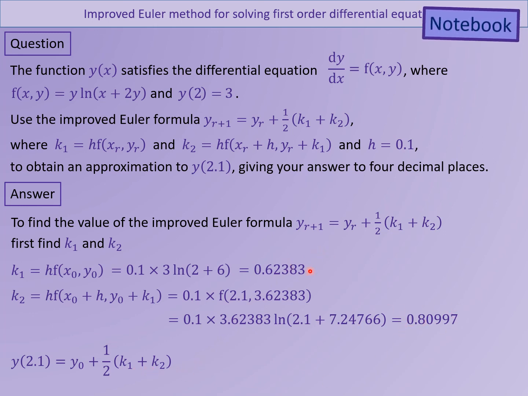So I've got to add those two together, half it, add it on to 3. There you go, 3 plus a half of that. So there we go. My approximate y value when x equals 2.1 would be 3.7. So for this function just here, when x equals 2.1, that y value is roughly 3.716. Okay, pause there if you need more time to put in your notebook.